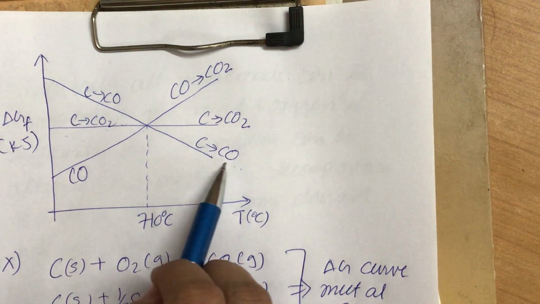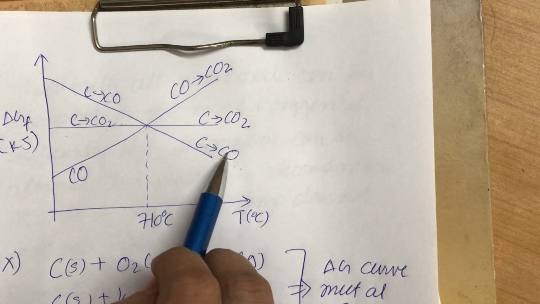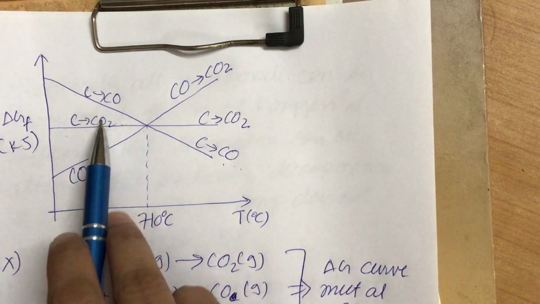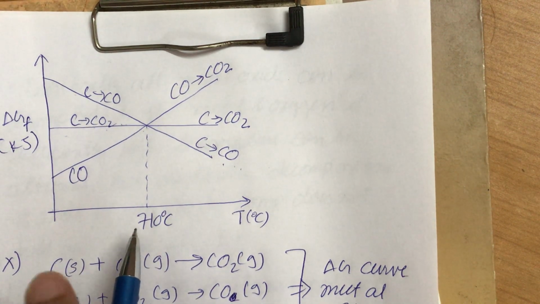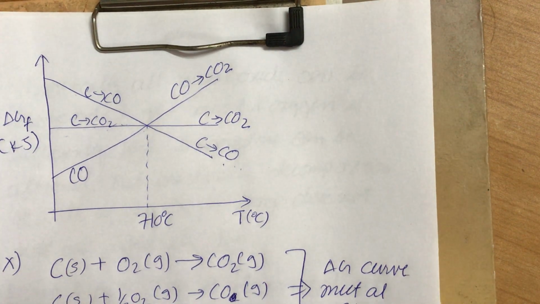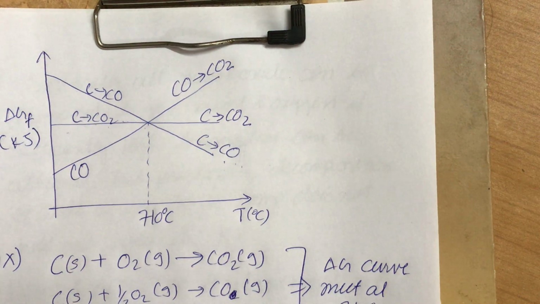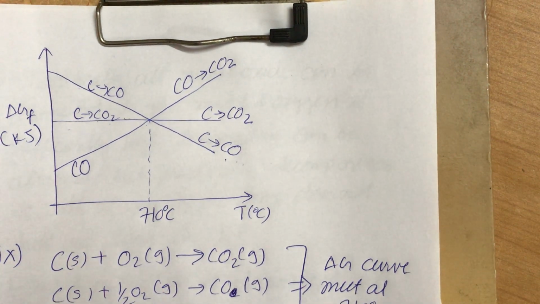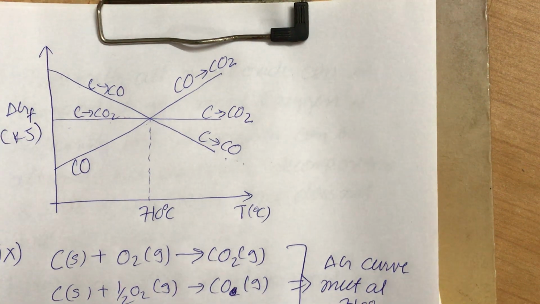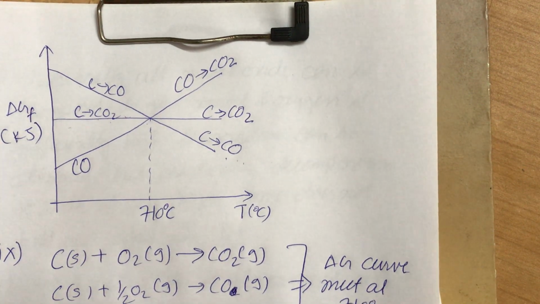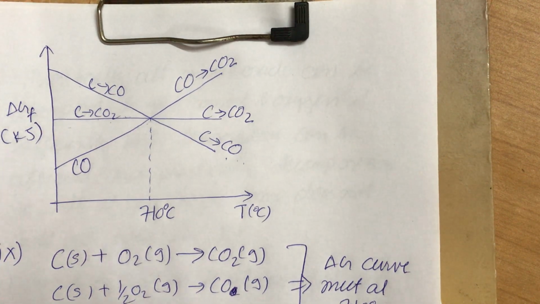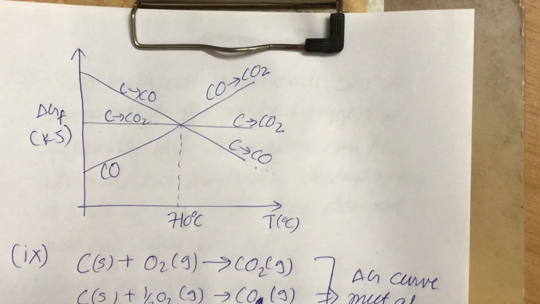So CO is the product above 710 degrees Celsius, and CO2 is the product below 710 degrees Celsius, if we use carbon as a reducing agent. So basically, in the Ellingham diagram, whichever line is present below, that particular element can reduce the other oxides which are present above it, and itself it forms an oxide, while the other metals are converted into elemental form. They undergo reduction.